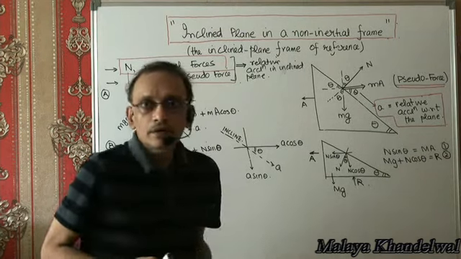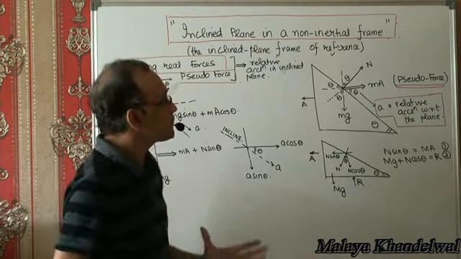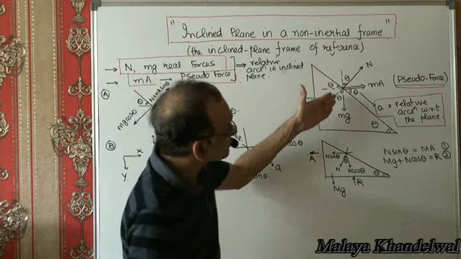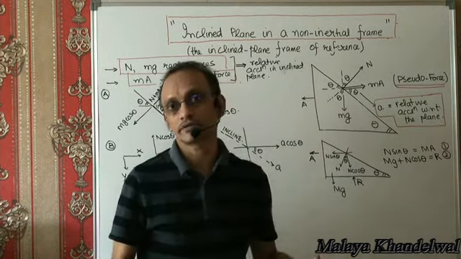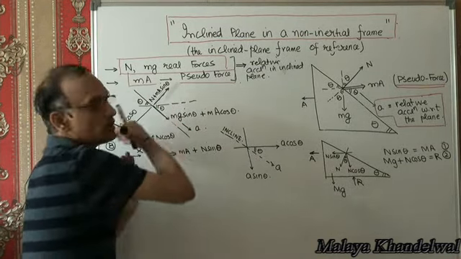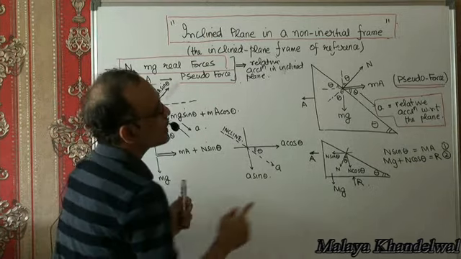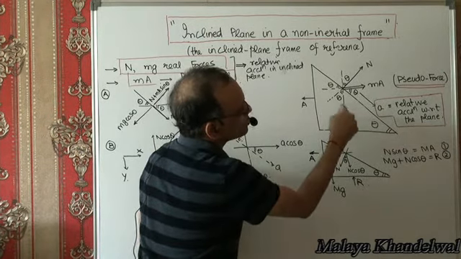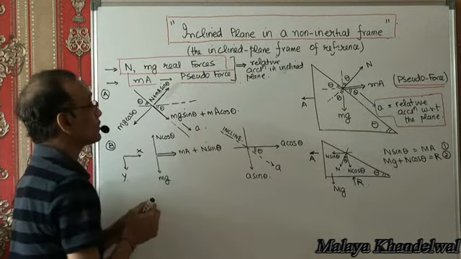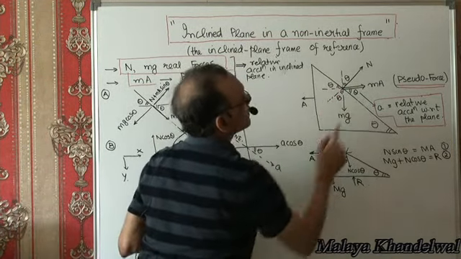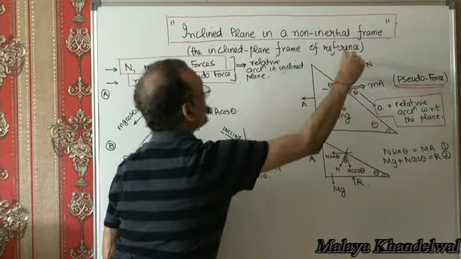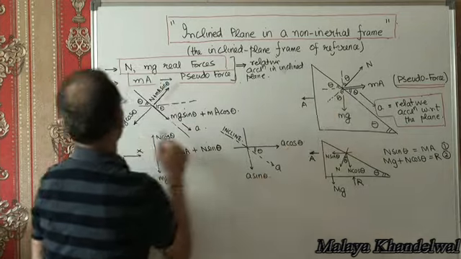I could have written my equations of motion for small m parallel and perpendicular to the plane, or in the vertical and horizontal directions. If I choose parallel and perpendicular to the plane, then parallel to the plane the set of real and pseudo forces is mA cos theta plus mg sin theta. Perpendicular to the plane, it is N plus mA sin theta, and there is mg cos theta.